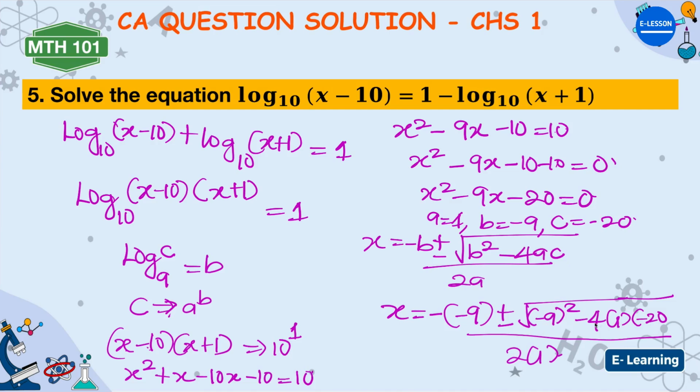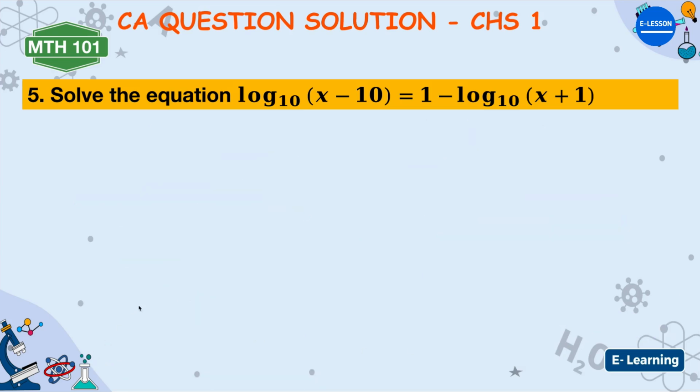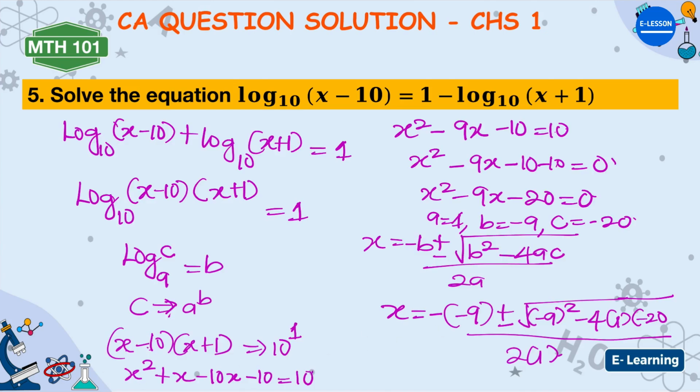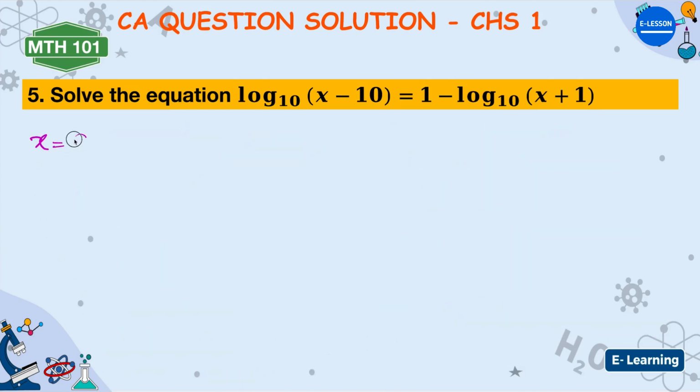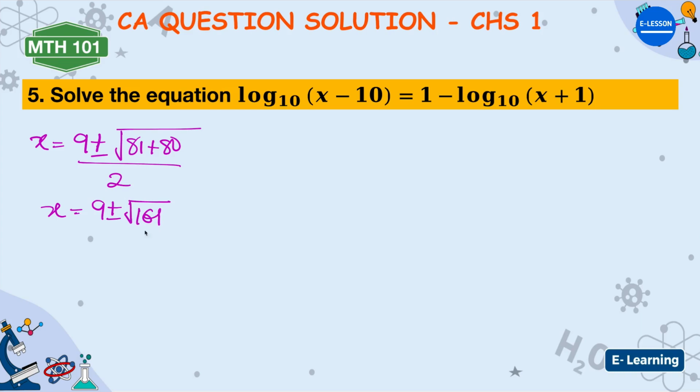So at the end of the day, minus 9 squared will give us 81. Are you getting it? Then 81, right? 4 times, minus 4 times minus 20 will give us plus 80. First, minus times minus will give us plus. So x will be 9 plus or minus the square root of 81 plus 80 divided by 2. 81 plus 80 is 161.